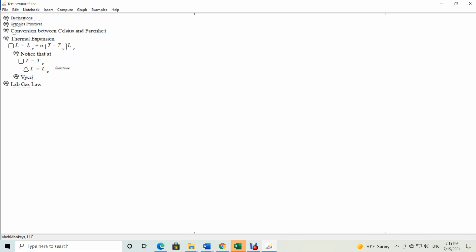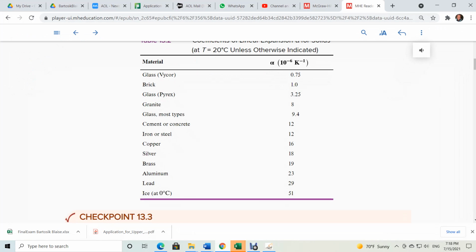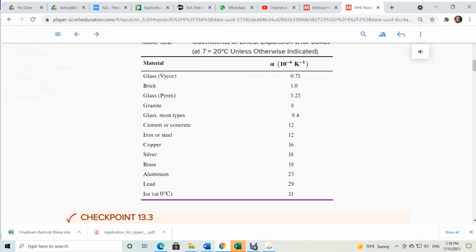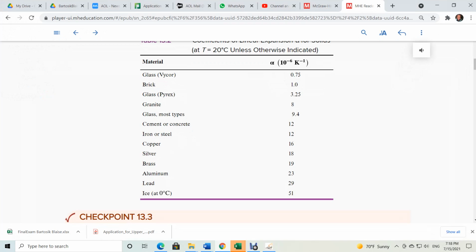First, Vicor. Go back to our table: 0.75 divided by 10 to the 6, per Kelvin. That's what we got for the alpha of Vicor. This alpha value is very small, by the way.